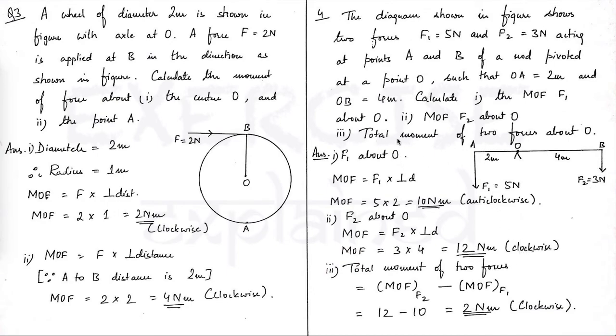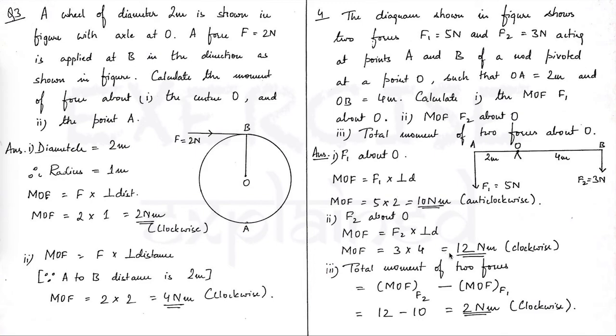Now next, total moment of two forces about O. In this case you have a choice, that is, you can consider either of them positive and the other negative. Most of the time we will be considering anti-clockwise as positive and clockwise as negative. But here I have considered clockwise as positive and anti-clockwise as negative. Remember, you have to take one of them positive and the other negative. So I have taken 12 as positive and 10 as negative. So total moment of forces will be 12 plus of minus 10, that is 12 minus 10, because plus into minus is minus.